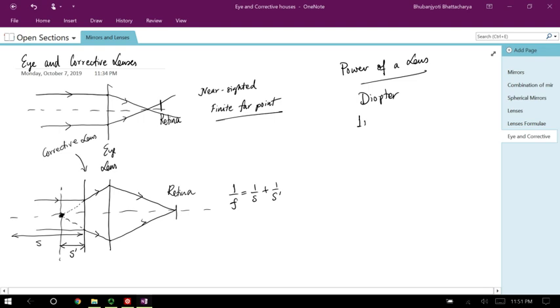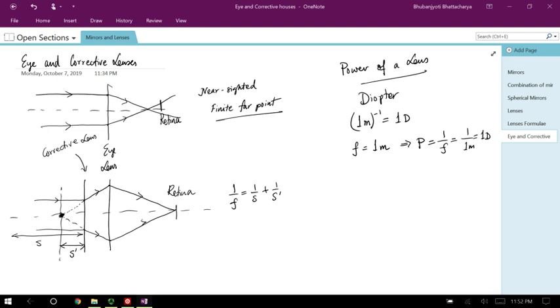Well, 1 meter inverse is equal to 1 diopter, which means that if I have a lens with focal length F equals 1 meter, then the power, by definition, is 1 over F. That's equal to 1 over 1 meter, which is equal to 1 diopter. Okay, so that's the idea.